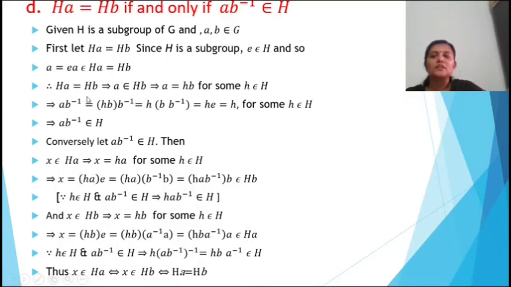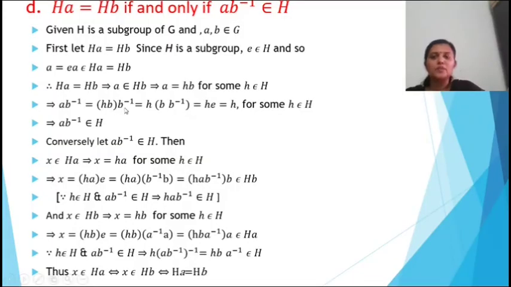Therefore HA equals HB implies A is an element of HB, which implies A equals hB for some h in H, which implies AB inverse equals hB times B inverse, which is equal to hE, equal to h for some h in H, which implies AB inverse is an element of H.